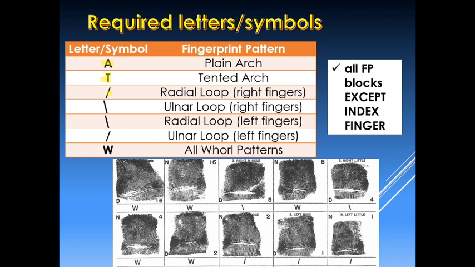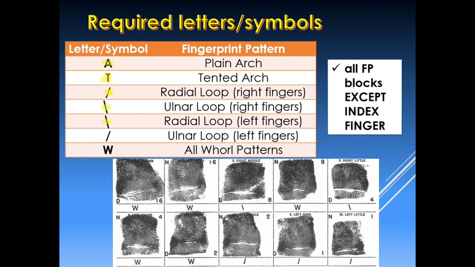For the radial loop, if it is taken from the right fingers, we are going to use the forward slant. Now if it is an ulnar loop taken from the right fingers, we will use the back slant here. Now if it is a radial loop taken from the left fingers, we are going to use the back slant.